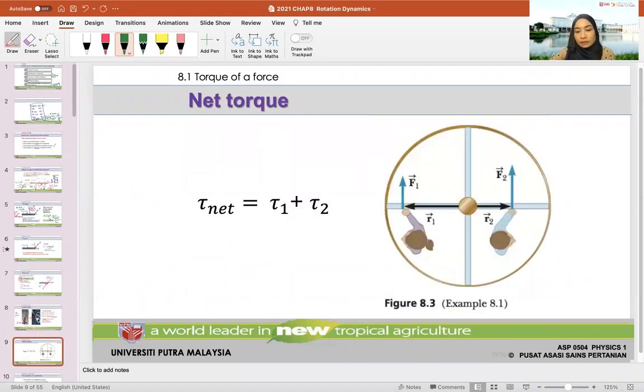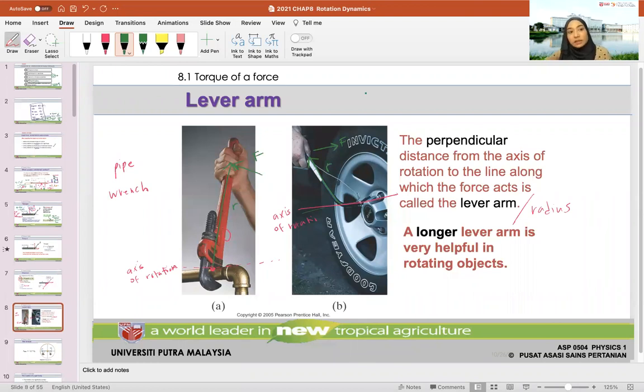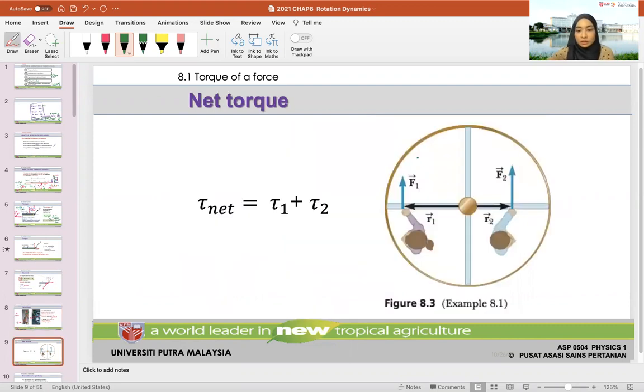The examples that we talked about here in general, we haven't talked about the equation yet. The examples that we talked about here are examples of single force. Only one force is acting and only that contributes to the rotational motion. So in this case, we have a circular rotating door.